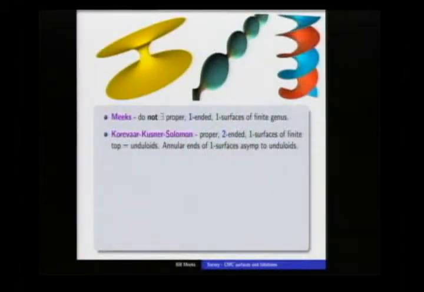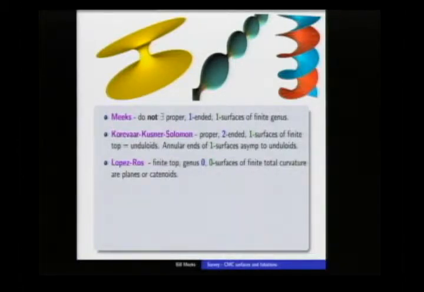And then you can use some translation techniques, which I'm going to talk about today in much more generality, to prove that you're asymptotic to a surface of revolution, and then you are asymptotic to a Delaunay surface.